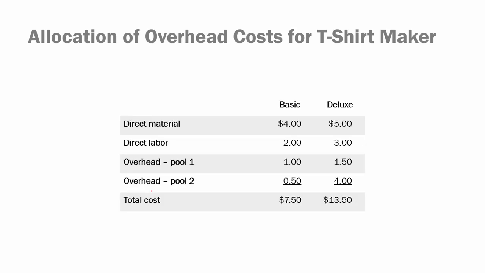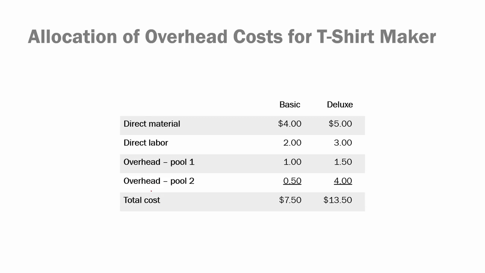Let's allocate the first $13,000 pool of overhead, the one that's based on machine hours. Since basic t-shirts require 2,310 machine hours, they're allocated $10,000 from the first pool.